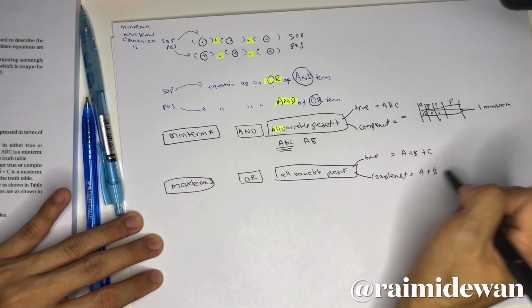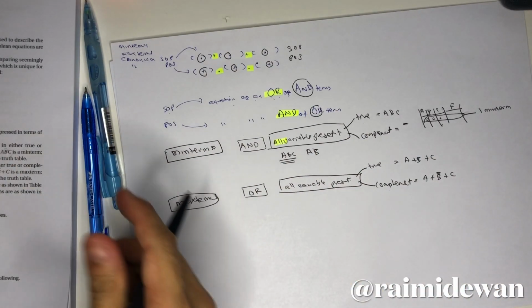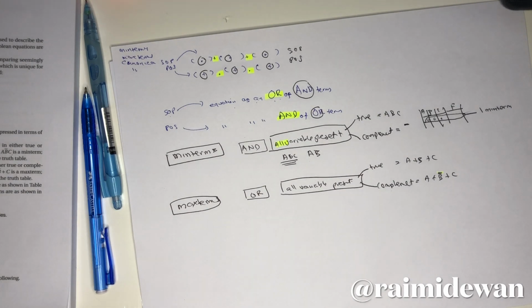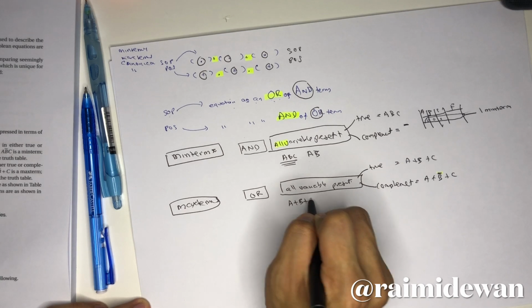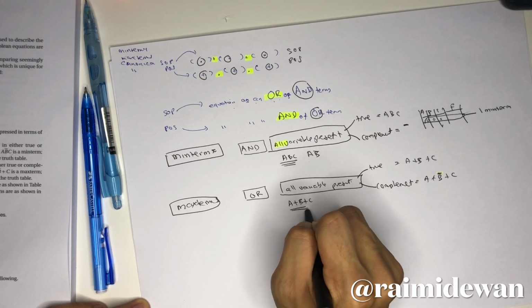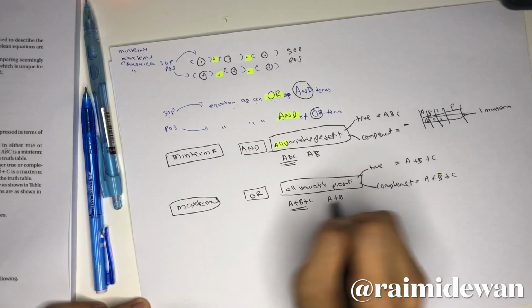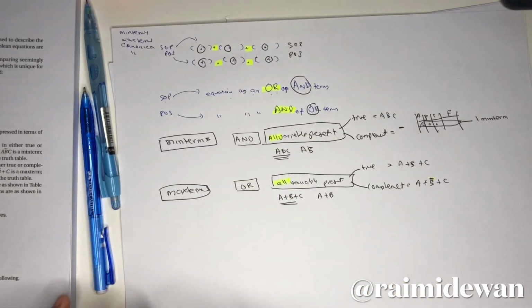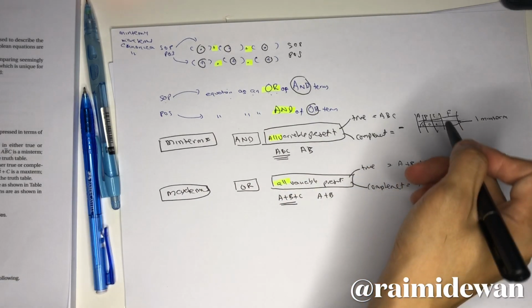One of these is a complement. This is OR, so it can be A plus B plus C, and this is considered a maxterm. However, A plus B is not a maxterm. Why? We don't have C. You need to have all variables present. Similarly with minterm, a maxterm corresponds to only one entry in the truth table.